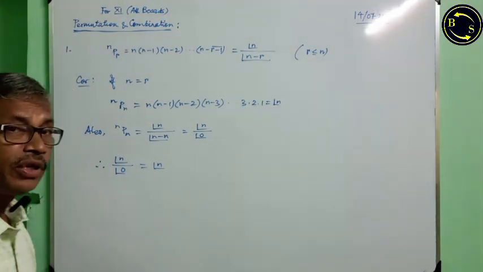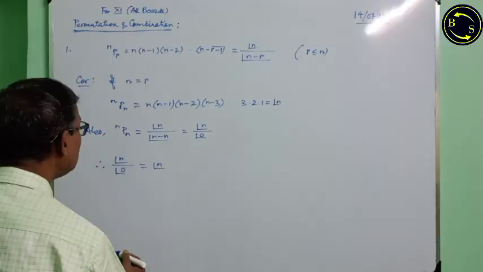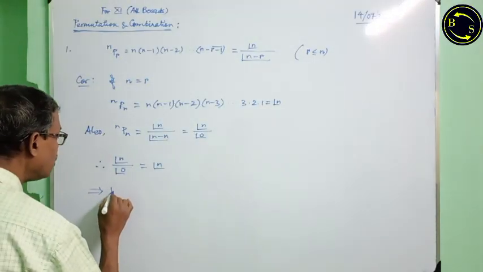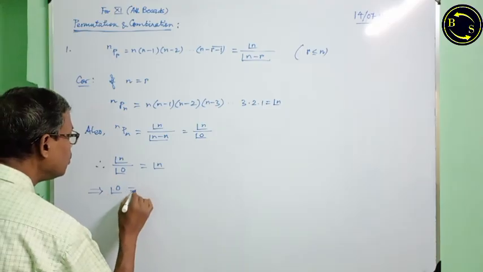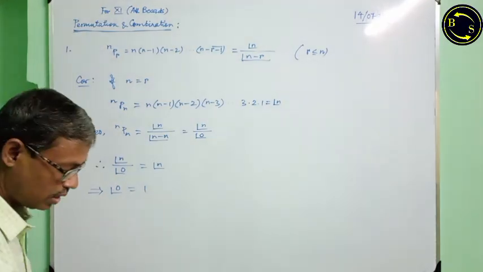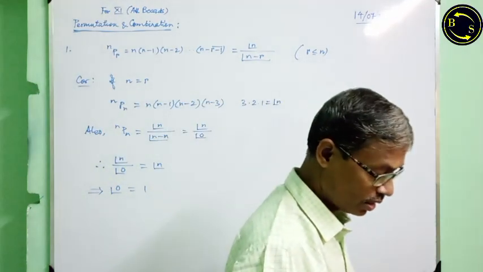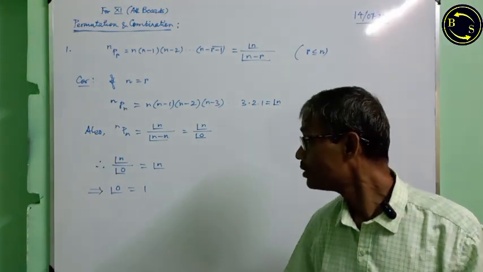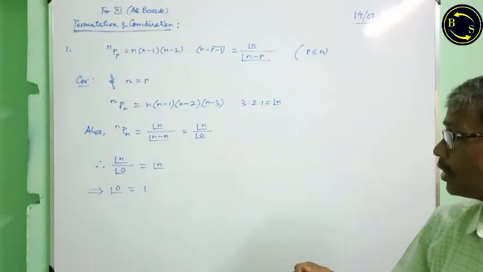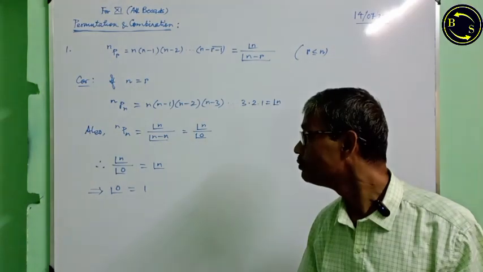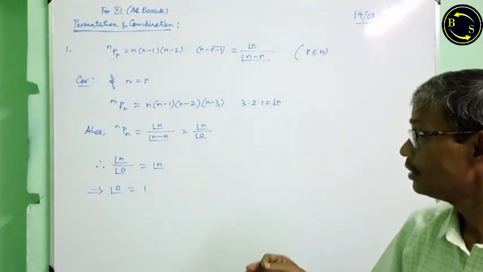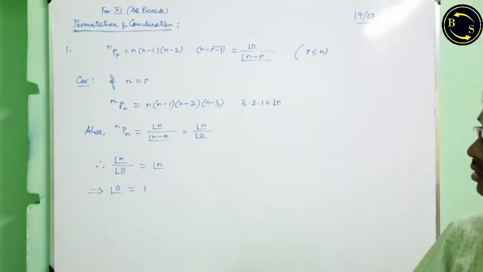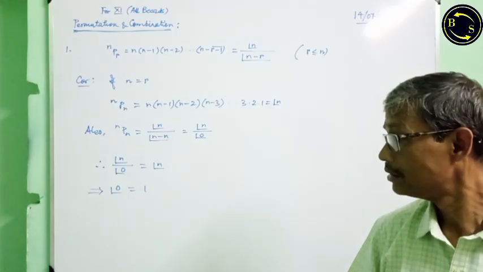Now this will hold if factorial 0 is 1. And while I discussed the factorial symbol, it was discussed that factorial n is the product of successive numbers starting from 1 up to n.